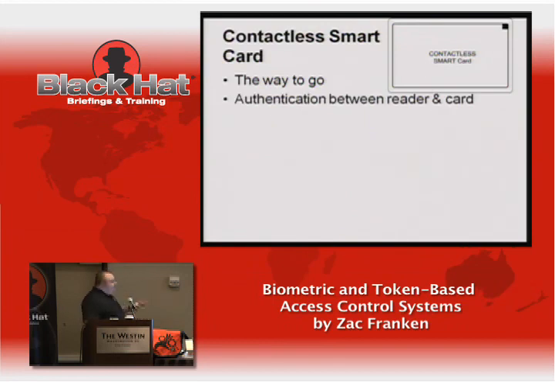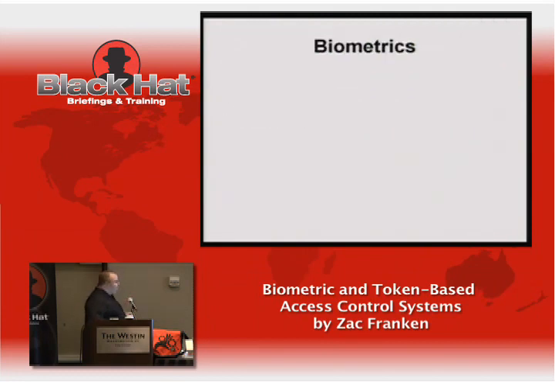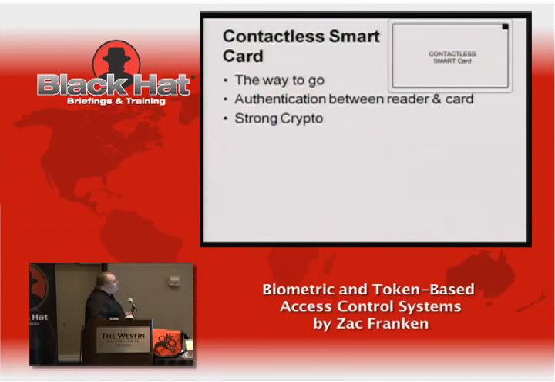There's actual authentication between the card and the reader. There's strong crypto, which is quite cool. And there's a reasoned conversation. You can't just walk by and clone the card. There's a bit of thought gone into it, which is nice.